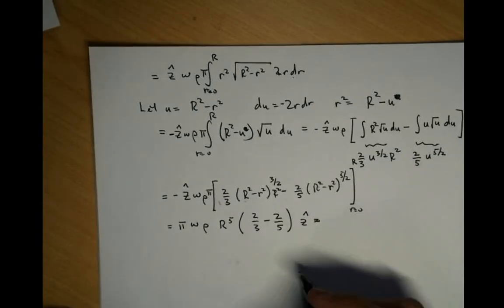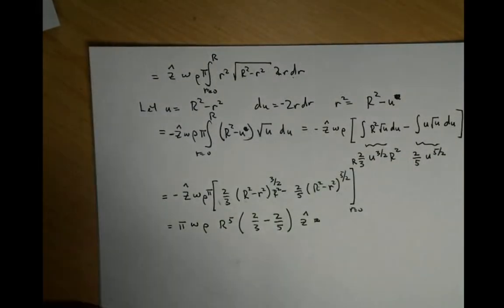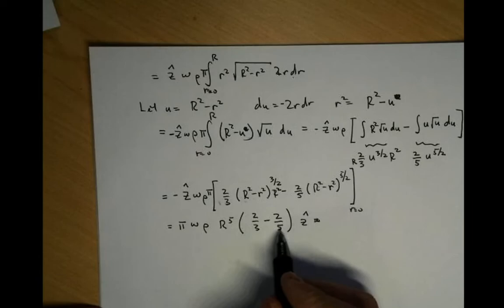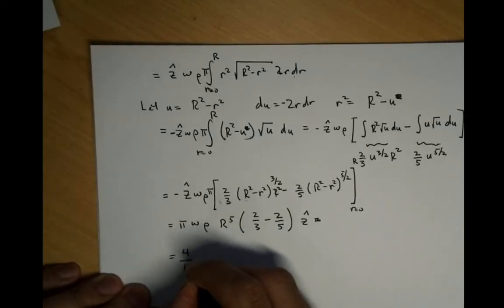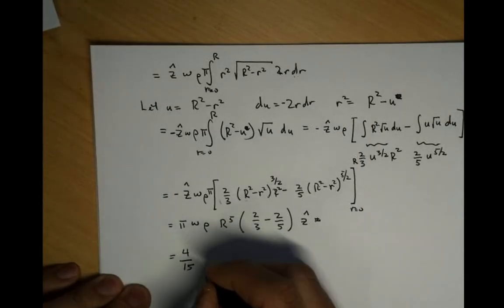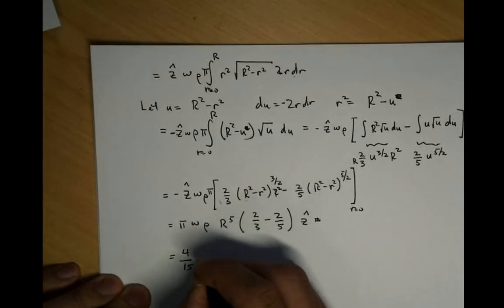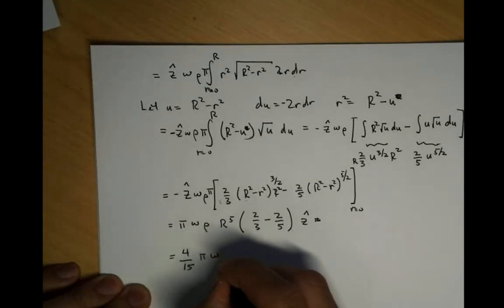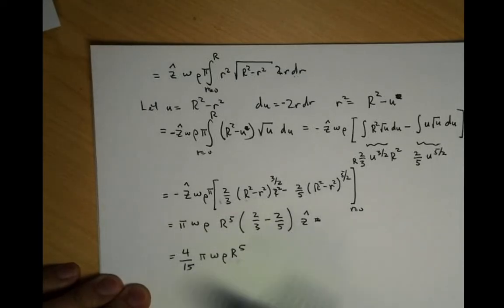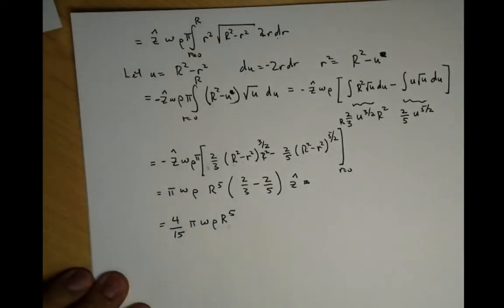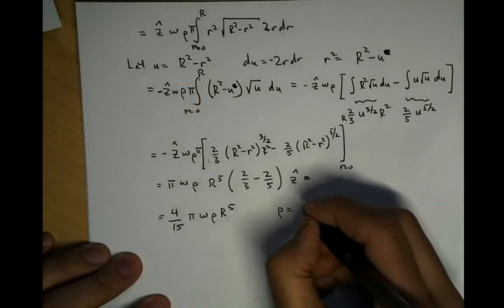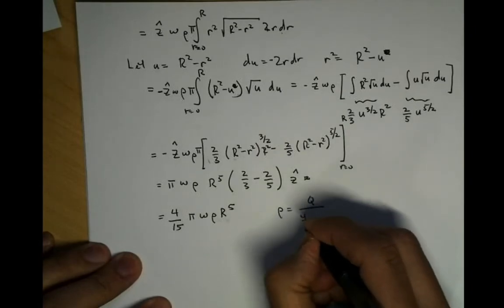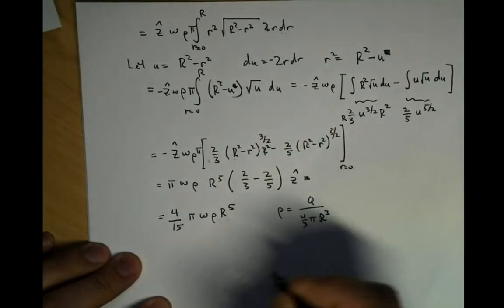Let's write this thing as, let's see, so this is 10 minus 6 over 15, 4/15. All right. I'm going to write this as 4/15 pi omega rho R to the 5th, right? So now if rho is evenly charged, which it has to be now, rho is equal to Q, the total charge, divided by 4/3 pi capital R cubed, okay?